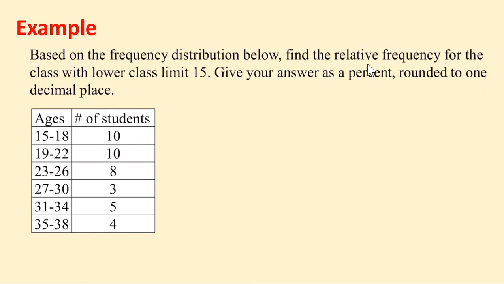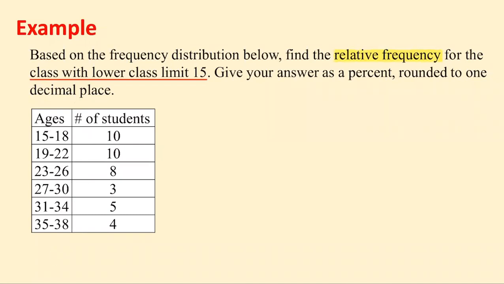Okay, we are looking for relative frequency for the class. These ages are given in classes because this is grouped data. So here we have the class 15 to 18, 19 to 22, and so on. We have to find the relative frequency for the class with the lower limit 15.